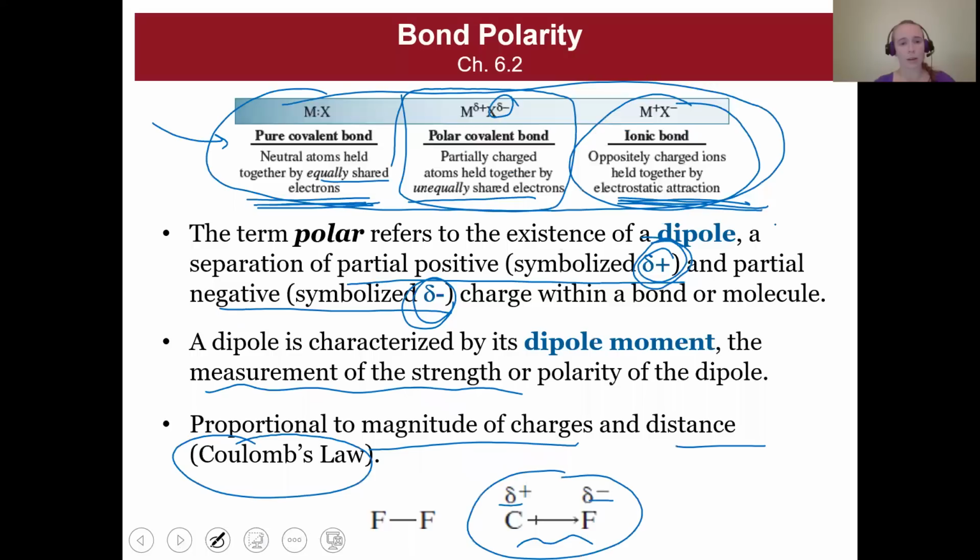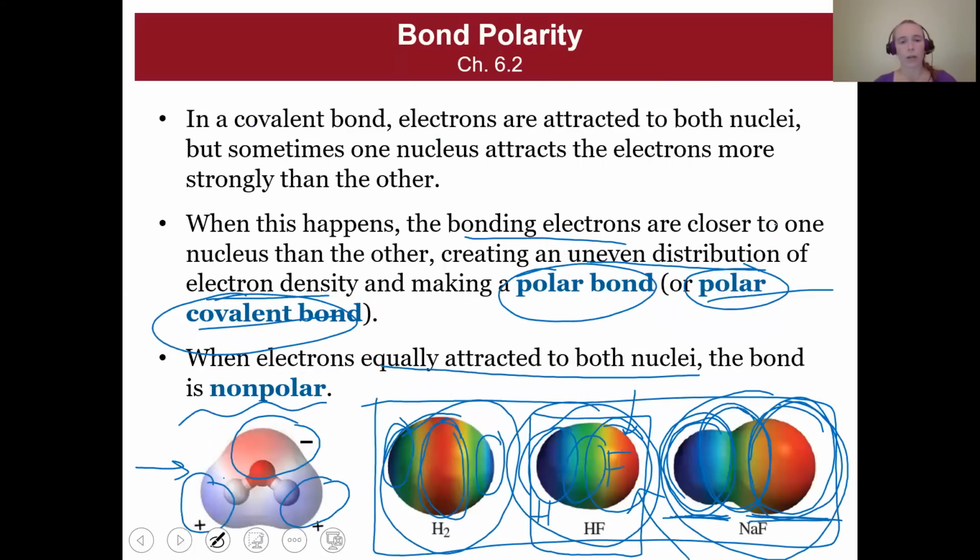If we look back on this slide here, where I introduced the idea of polar bonds and electron density, the atoms that have the high electron density near them, like oxygen in this water molecule and fluorine in hydrofluoric acid, or hydrogen fluoride here, have the higher electron density near them, and that's because they are the more electronegative of the two atoms in the bond.